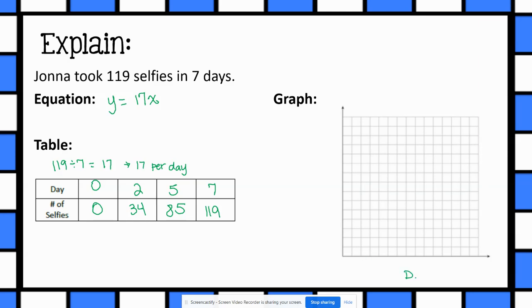If we graphed this, we can use intervals of 1 on our x-axis, and then we can use intervals of 17 on our y-axis.